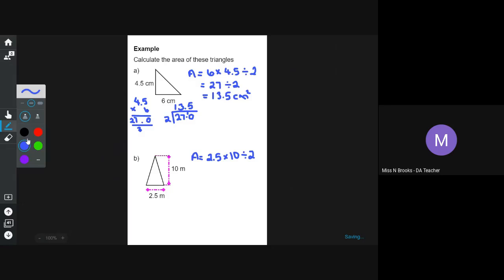So again, multiply by 10, we're jumping our decimal point 1 space. So we're going to end up with 25 divided by 2.